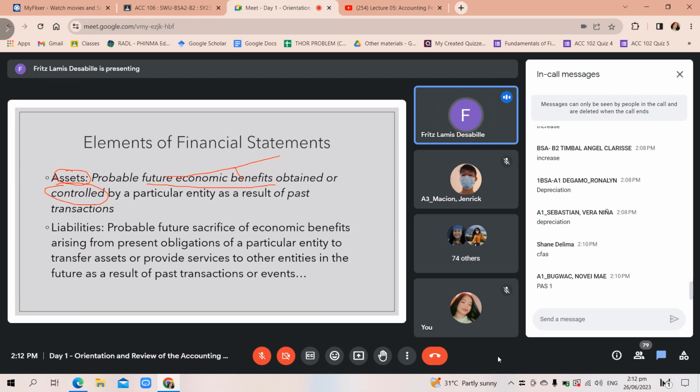Now, the debit would depend. If there is future economic benefit, it's an asset. For example, if we buy inventory, or pay for inventory, we debit inventory and credit cash.